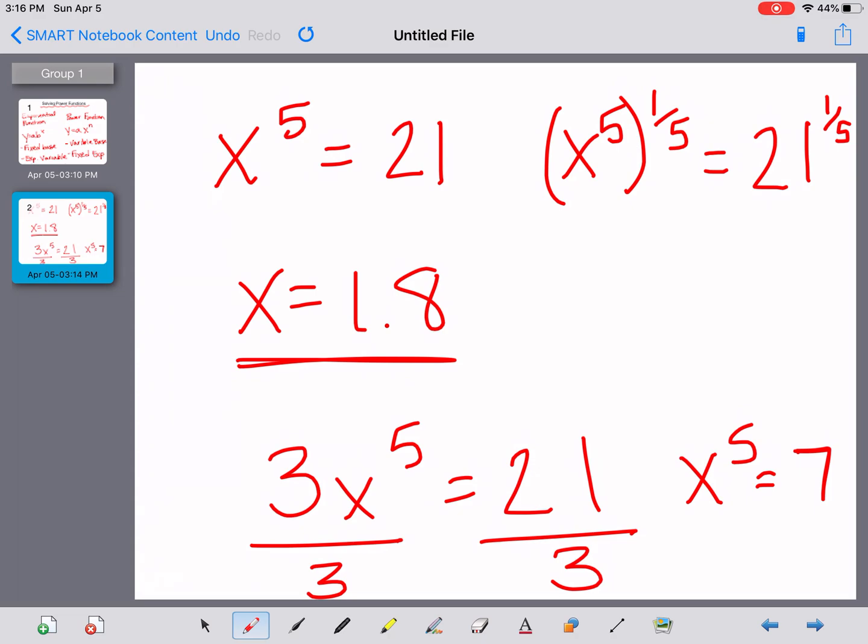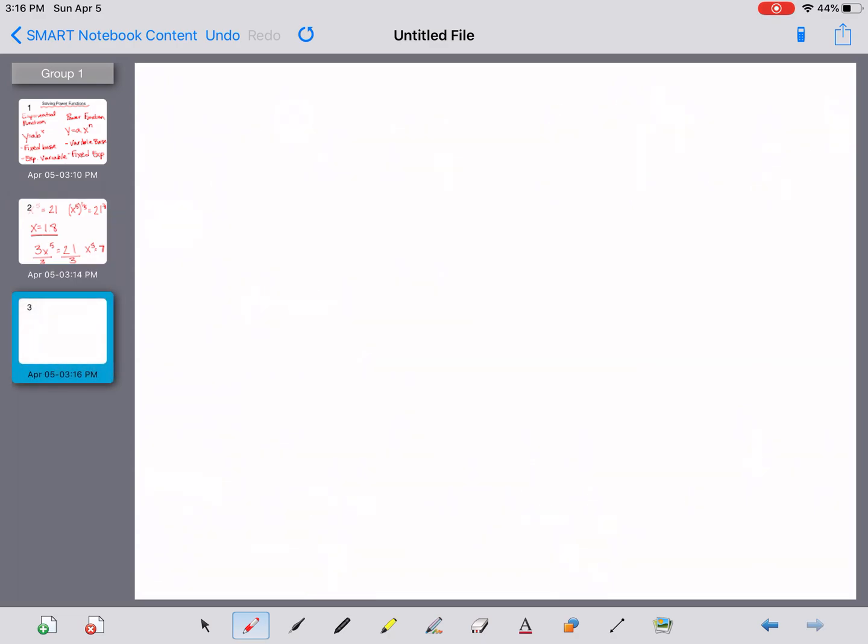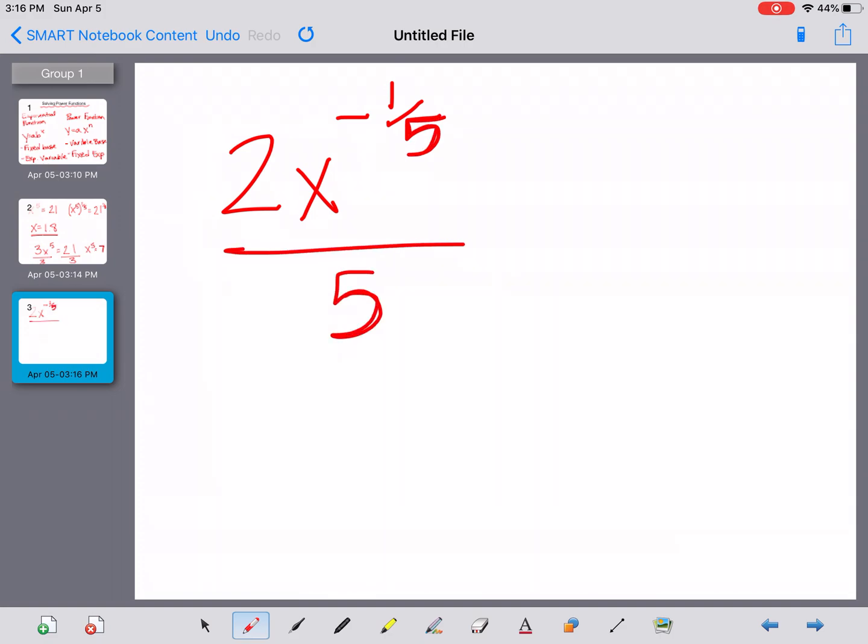Okay, let's look at one more complex one, where we get a little bit crazy here. So let's say x to the, all divided by, so let's take that 10.